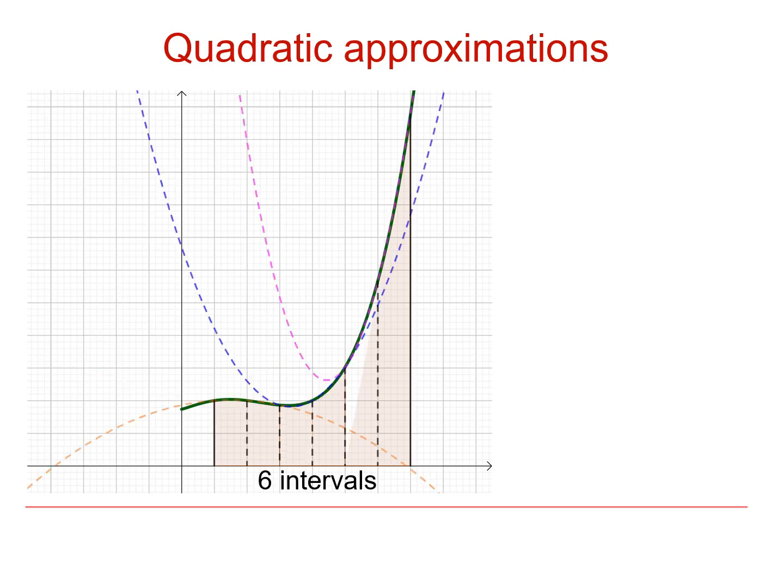We go another step further, and given the thickness of the green line here, the orange line is on it, the blue line is on it, and the purple line is on it. So that's giving us a very accurate representation.